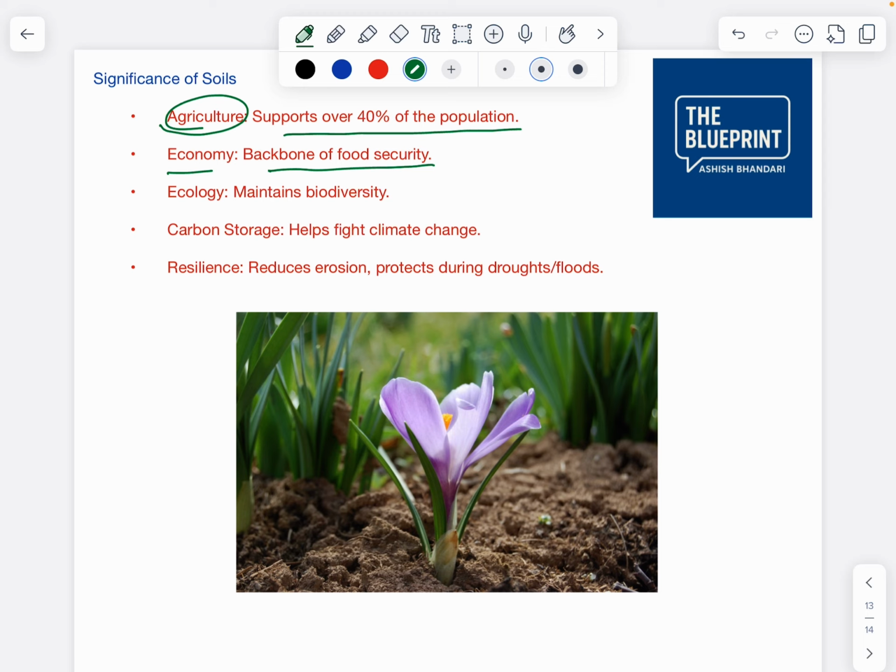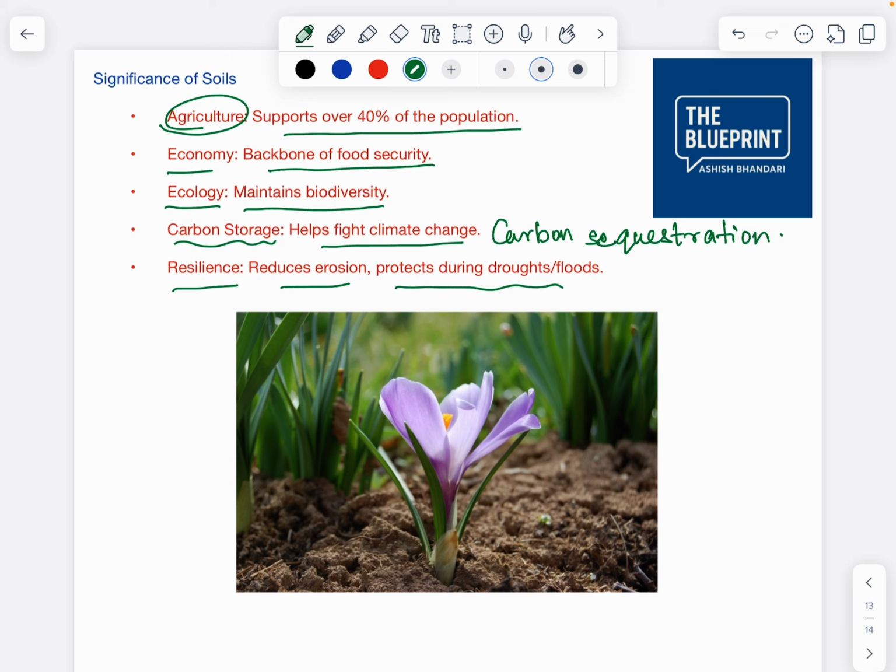We have soil, only then we had the green revolution, right? Ecology, it maintains biodiversity. Carbon storage, it helps in carbon sequestration. It's very important. And resilience, it reduces erosion and protects during droughts and floods.